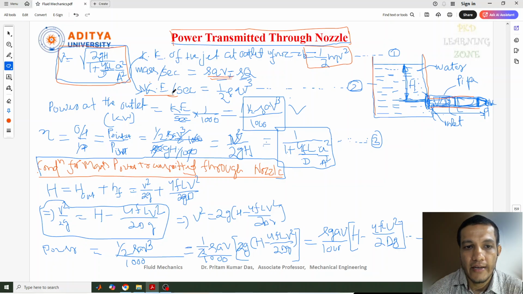Then efficiency is power at the output by power at the input, and we got this equation.